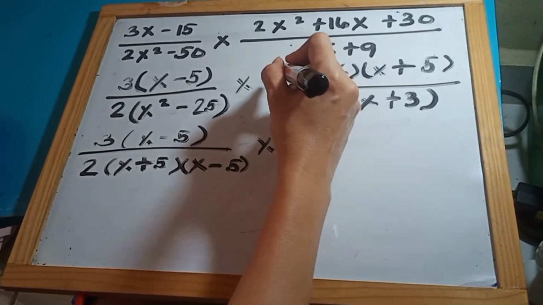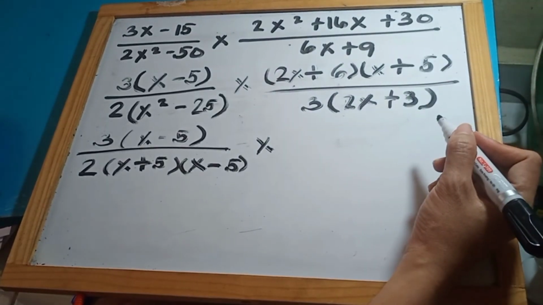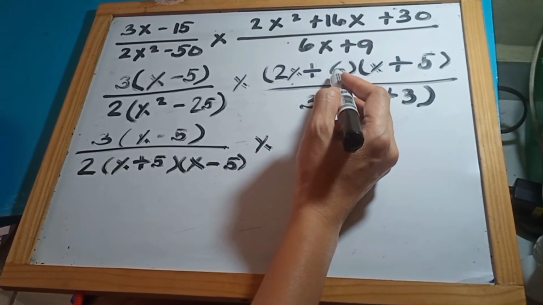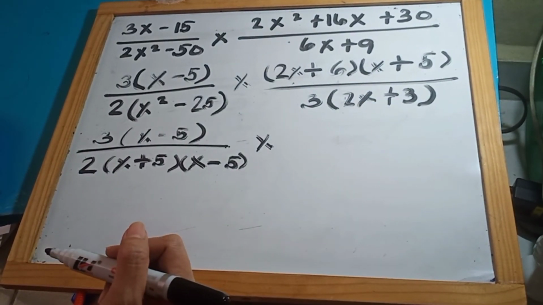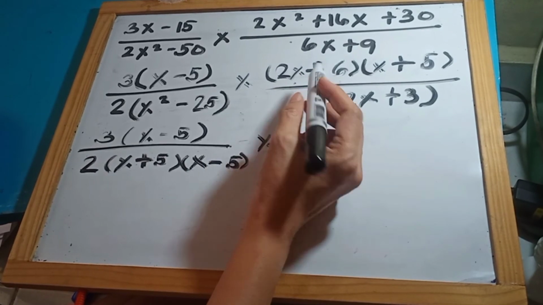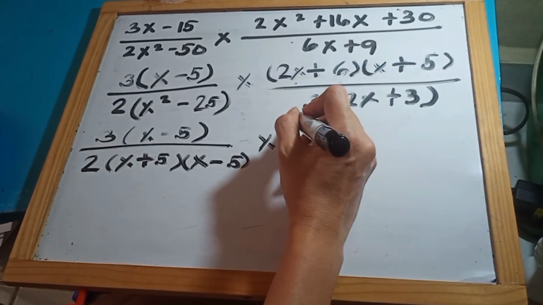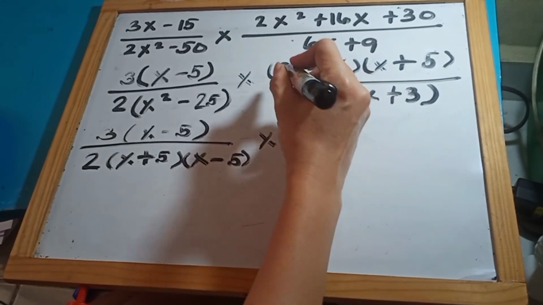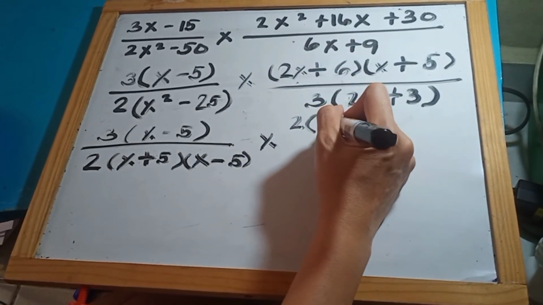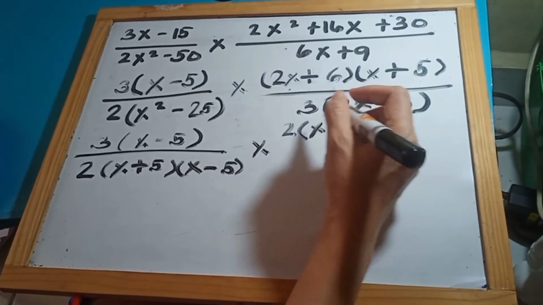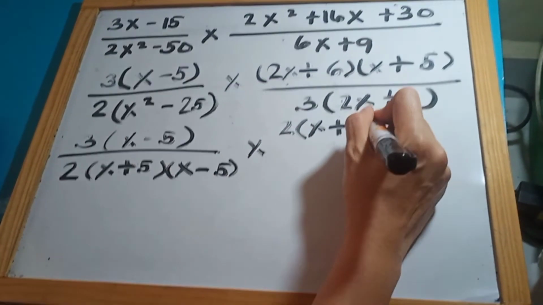So, ito na yung bagong factor ni denominator. Times, dito naman sa numerator natin, meron pa ba dyang pwedeng i-factor? 2x plus 6. Meron pa siyang pwedeng i-factor. Kasi di ba may common factor pa siya na 2. So, pwede nating ilabas si 2. 2 times 2x divided by 2, x na lang ang matitira, plus 6 divided by 2, that is 3.